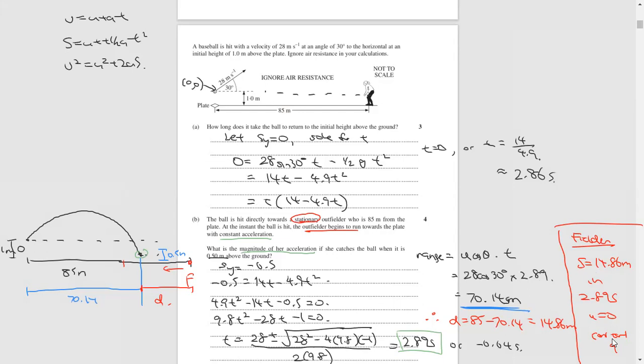So we will now sub in our values. So 14.86 must equal u, which is 0, plus half a times t squared, which is 2.89 all squared. So basically, with a little bit of algebra, your a will be 2 times 14.86 divided by 2.89 all squared.